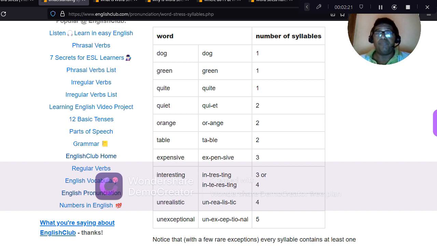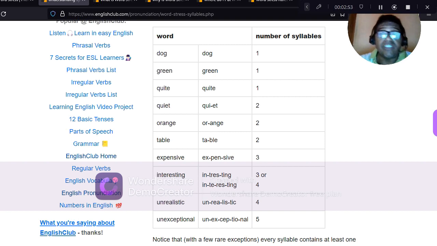A person who speaks Spanish and doesn't know anything about English would probably say quite with two syllables, but that is not the correct pronunciation. The big difference between English and Spanish is that the words have a different sound, and what you see is not usually pronounced the same way as you say it. Okay, so we have quite.